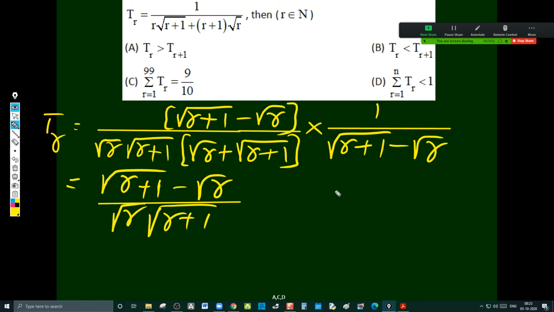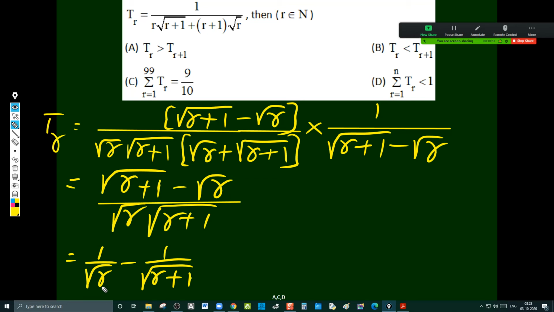T_r is greater than T_(r+1). Now if you split it, it will give you a telescopic series: 1 by root r minus 1 by root (r+1). Now if you apply sigma notation to this, as per option C, you can check it by writing r+1 here.